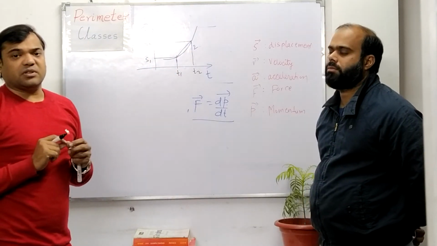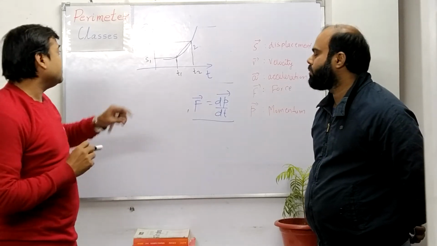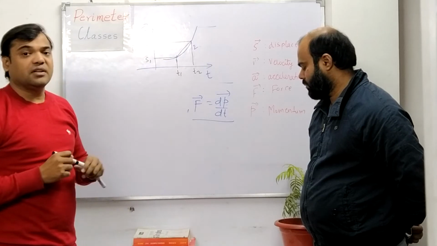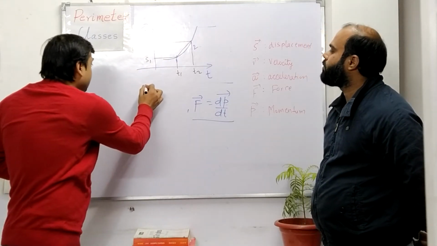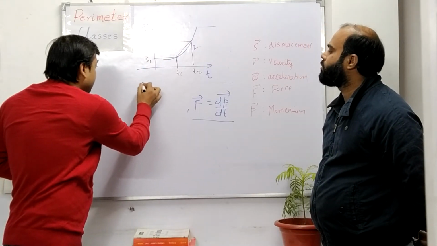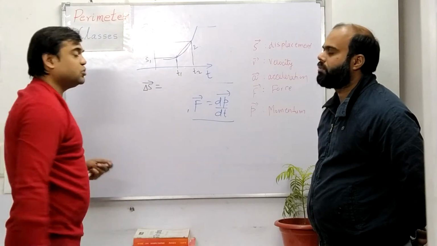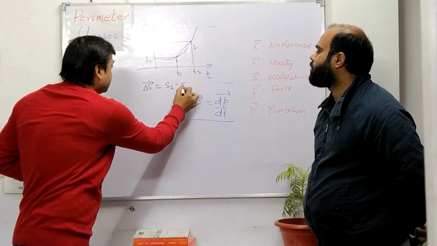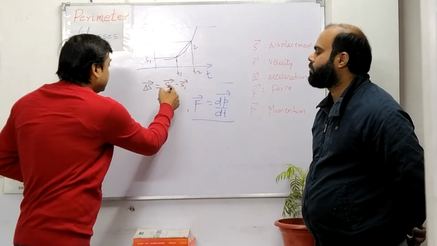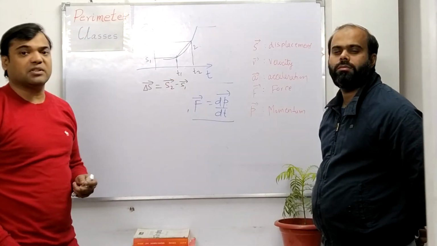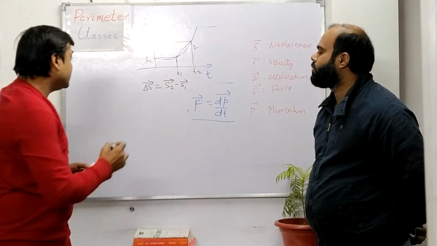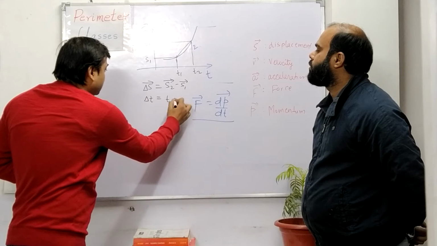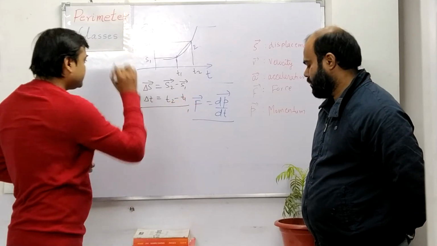Average velocity is the displacement over this finite interval upon the time interval. The displacement, or we can write it delta s, that is the change in position, is simply s2 minus s1, and this is a vector quantity, so we have to add an arrow over the quantity also. Now the time interval delta t is simply t2 minus t1 here.